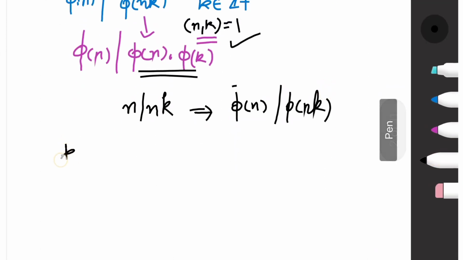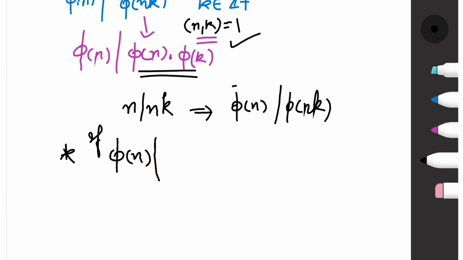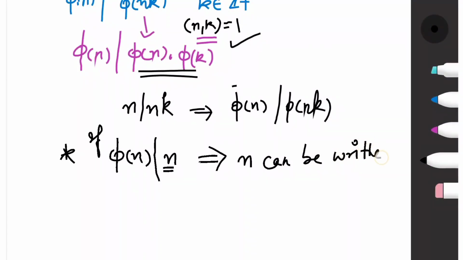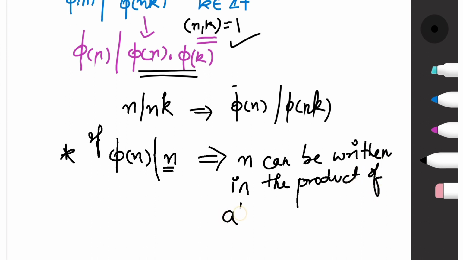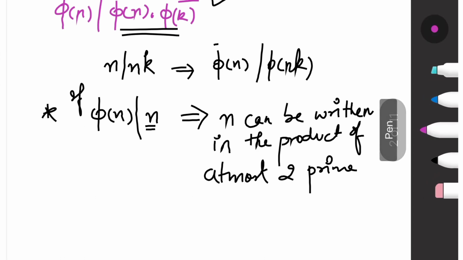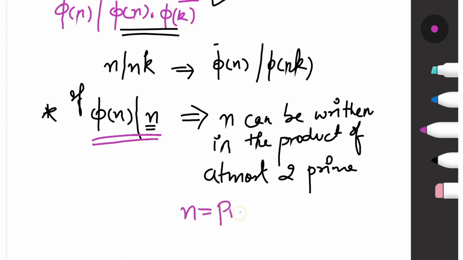Third result: if phi of n divides n, then it will always imply that this number n can be written as a product of at most 2 prime numbers.